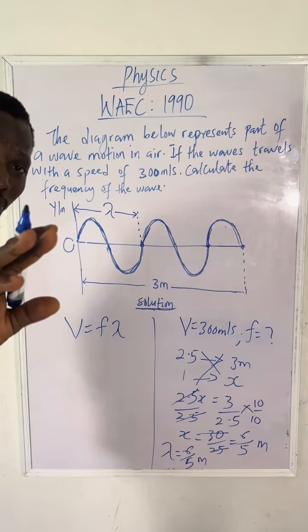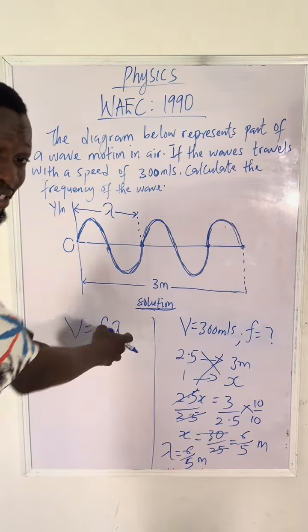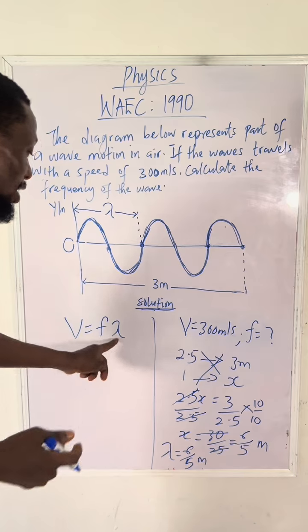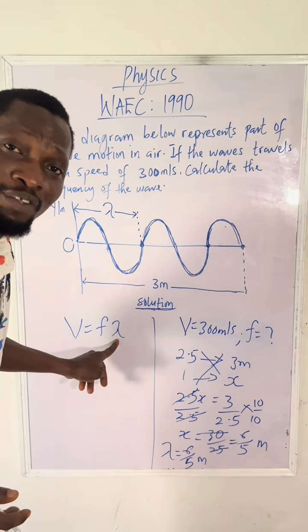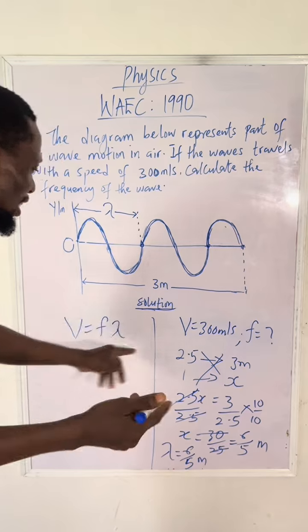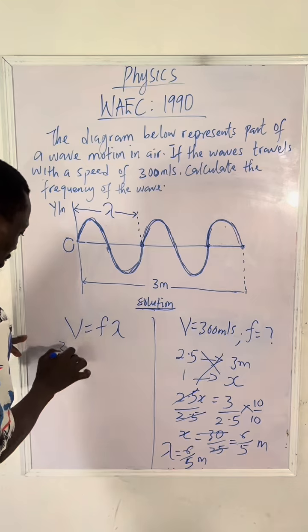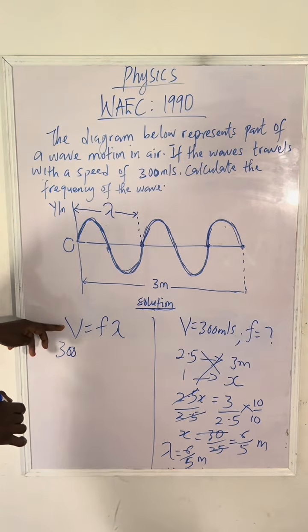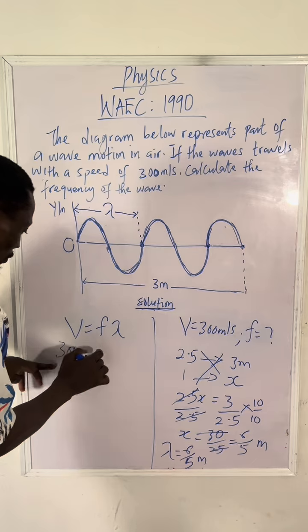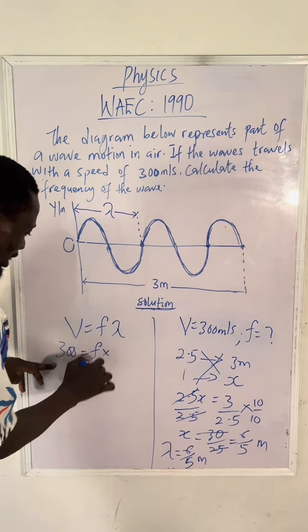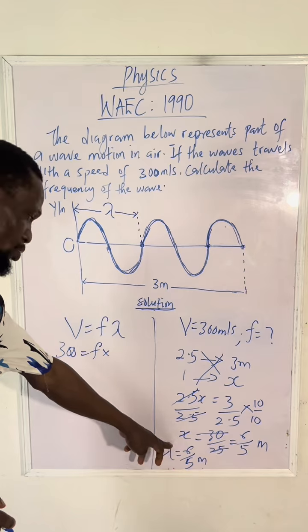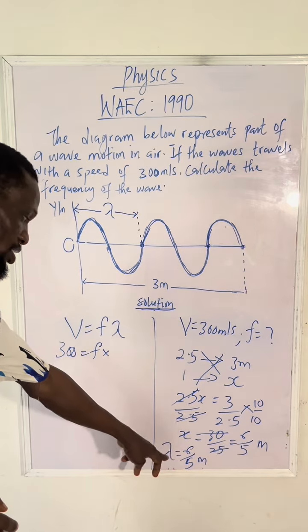Before you substitute, there are two things. You can substitute like this, or you can first make your wavelength the subject of the formula, whichever you like. Let me just say my V is 300. Anywhere I see V, my V is 300. I'll put it here, equals frequency times wavelength, which is 6/5.